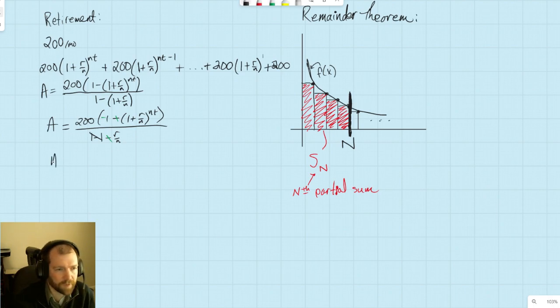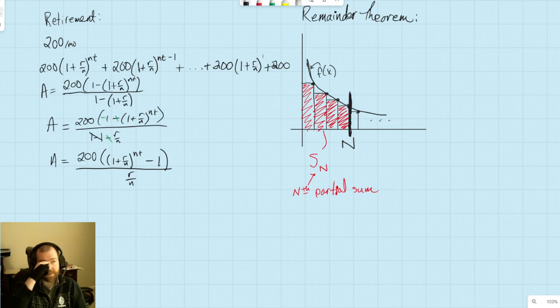So the formula that my students have to memorize in this particular financial math class, or mathematical literacy is the name of that particular class, is this nested 1 plus r over n to the nt minus 1 all over r over n. So they absolutely hate this.